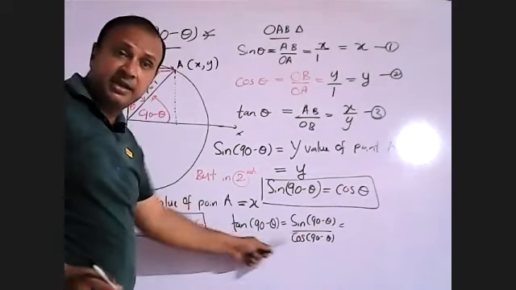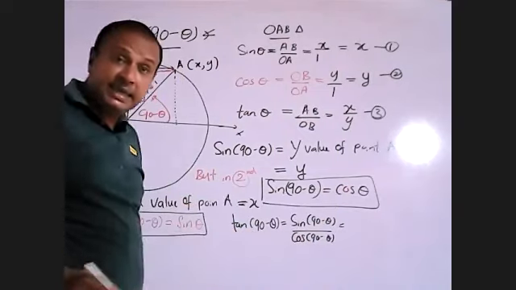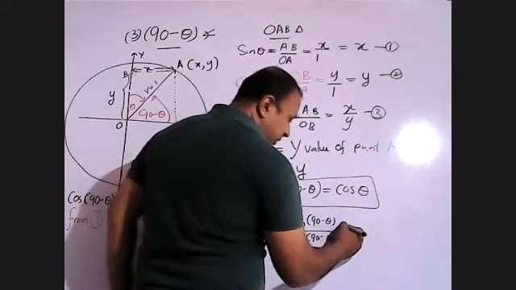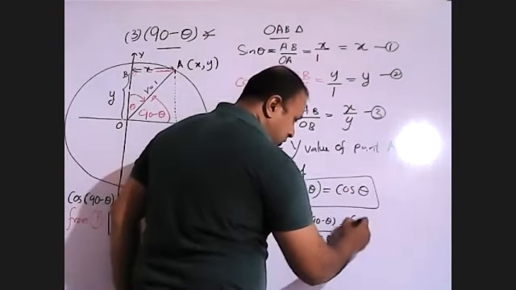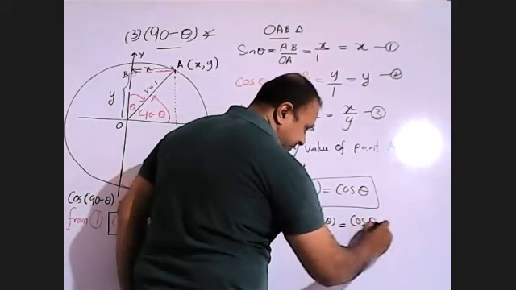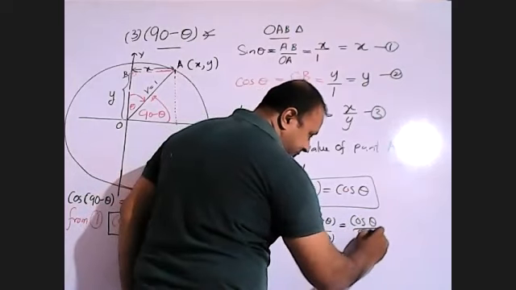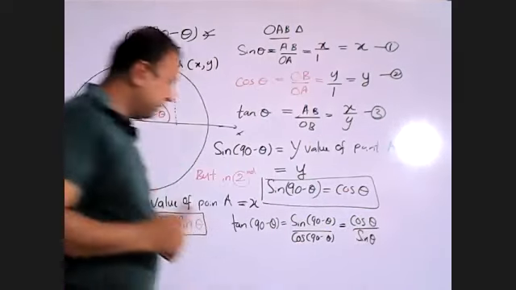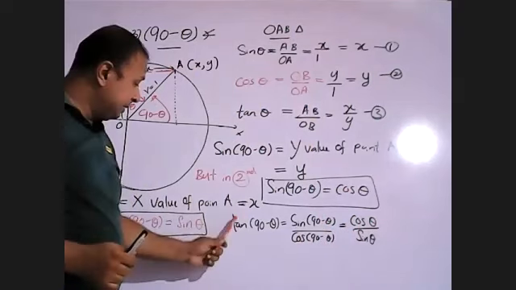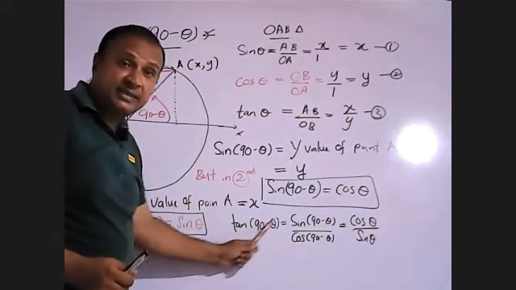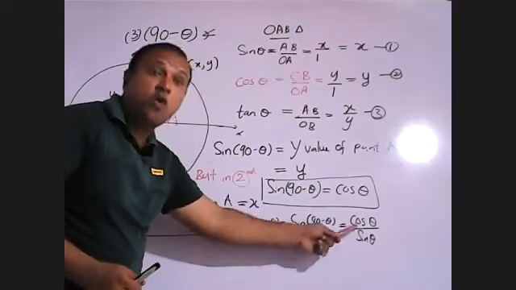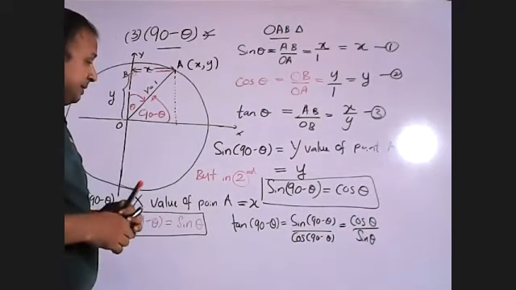Cos 90 minus theta is equal to sin theta. Interchange that one. This is cos theta. This is sin theta. Therefore, I can write tan 90 minus theta is equal to cot theta or 1 over tan theta.